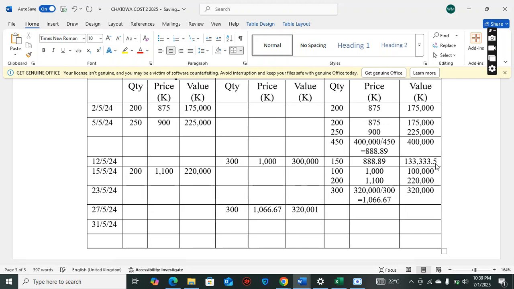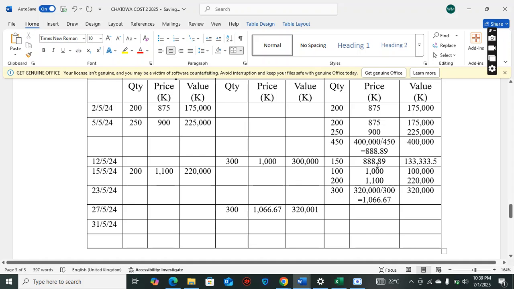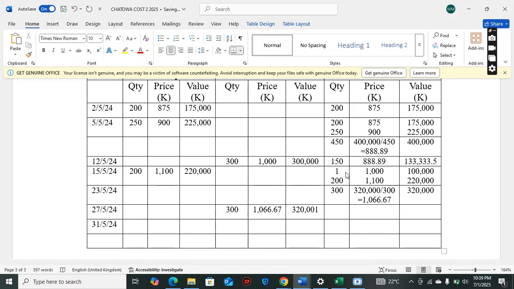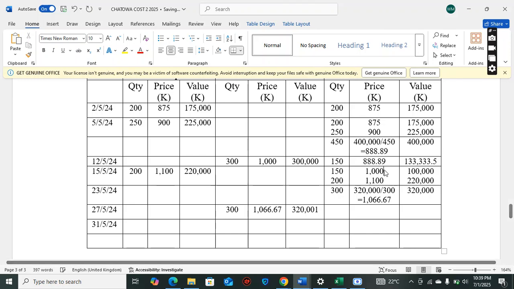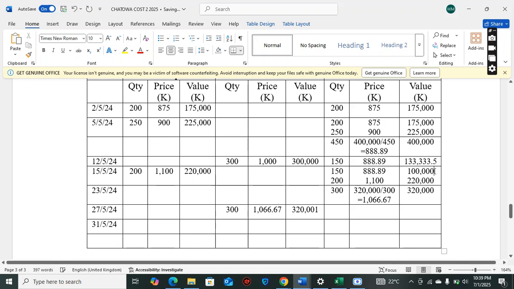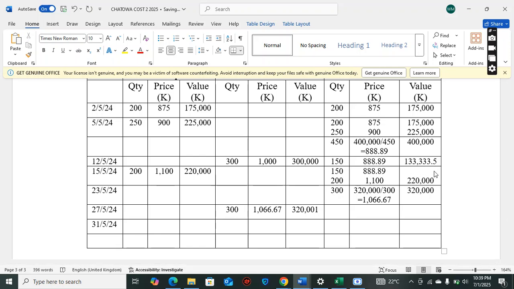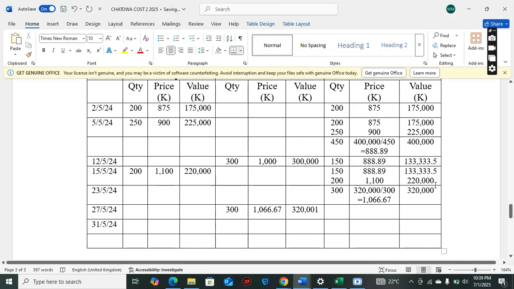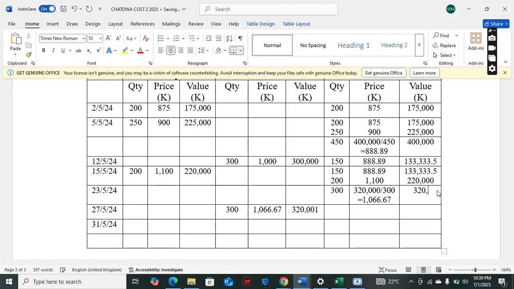Okay. Then we brought in 250 units. Okay, there it stays the same. So here, 150. Oh, here's also the same here. So 133,333.5 plus 220,000.